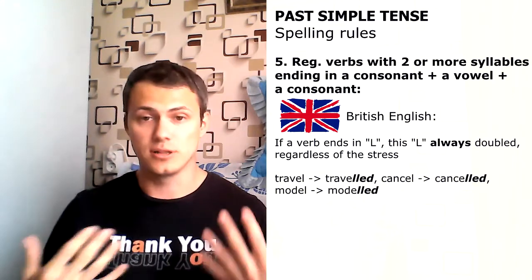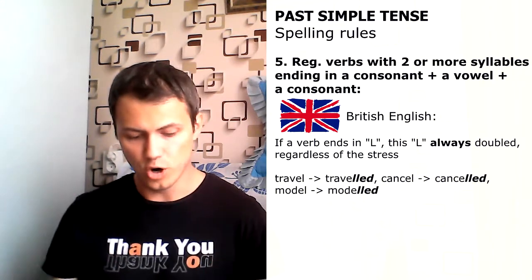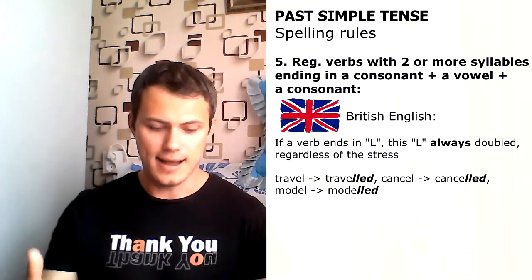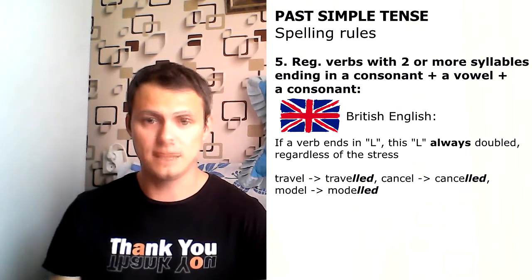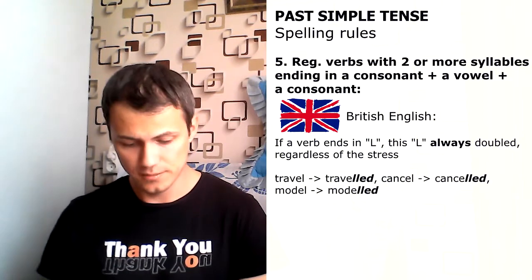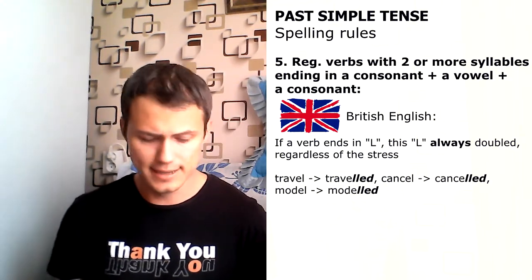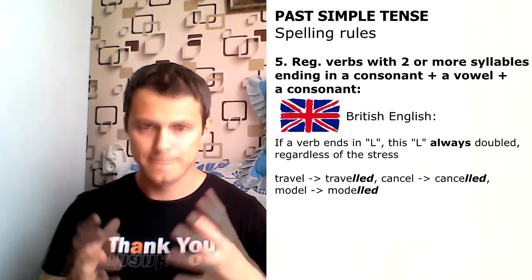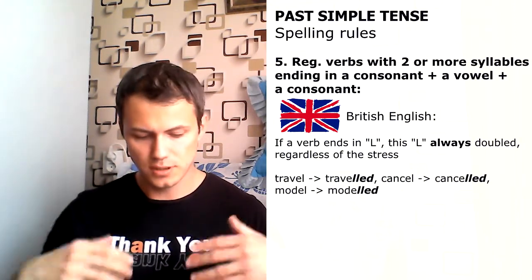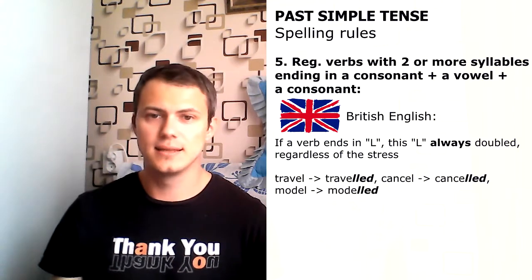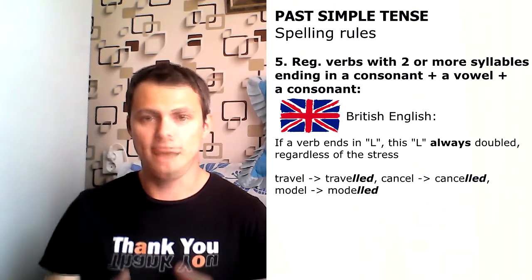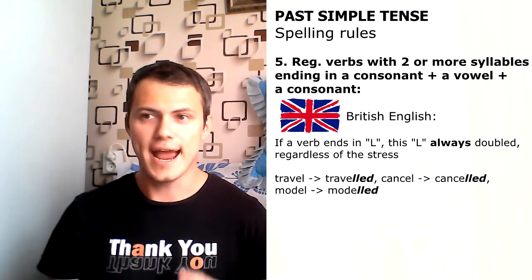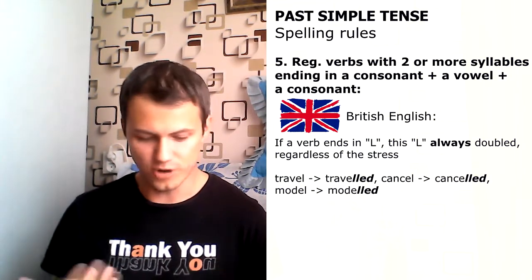In British English, for all verbs with two or more syllables that end in consonant plus vowel plus L, for example, travel, cancel, model, and others, in past simple forms, we must double L. We have to double L in British English for any of these verbs.